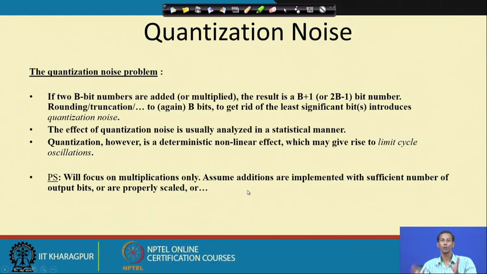In fixed point number representation, the associated terms are these: if we discard the MSB, we get an overflow error, that means the magnitude results in a wrong way. If we discard the LSB, we get quantization error.